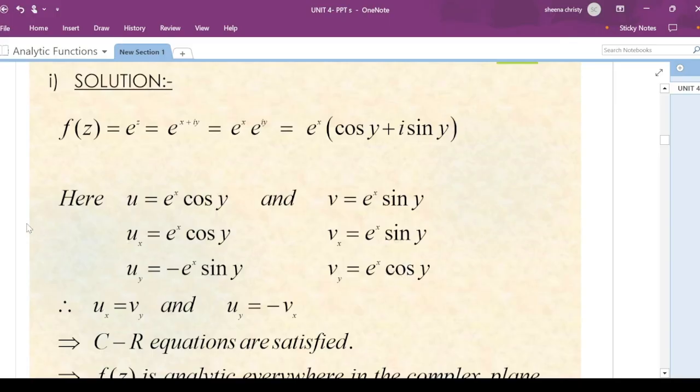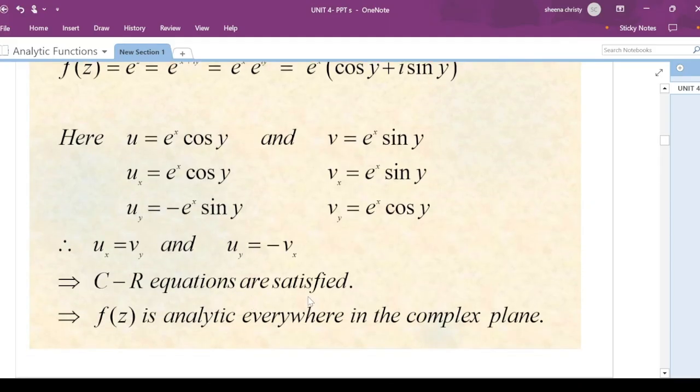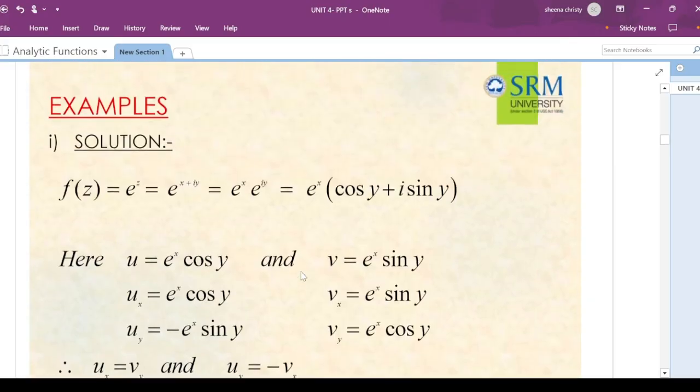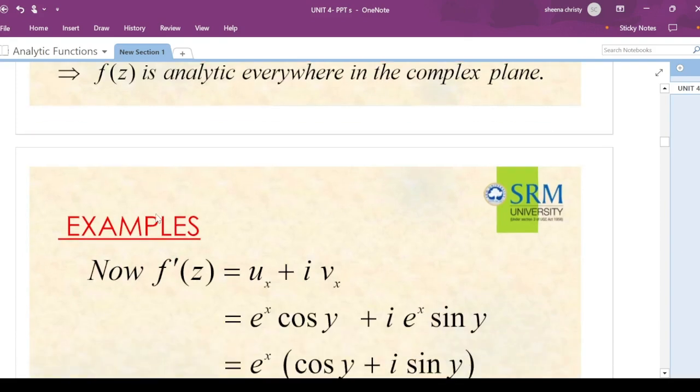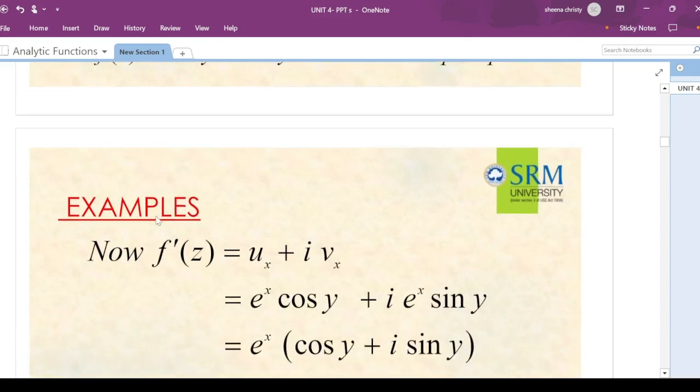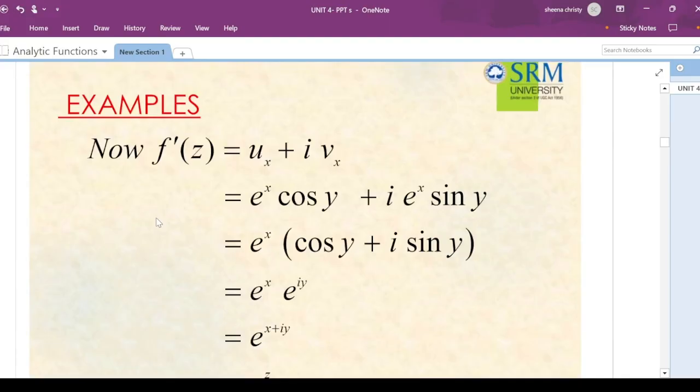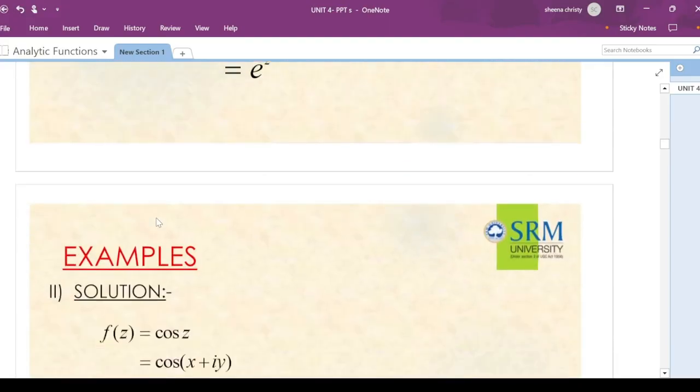So, if you see this, ux = vy and uy = −vx. So, it shows that the CR equations are satisfied. Therefore, f(z) = eᶻ is an analytic function everywhere in the complex plane. Now, in this, you can find the derivative of f(z).